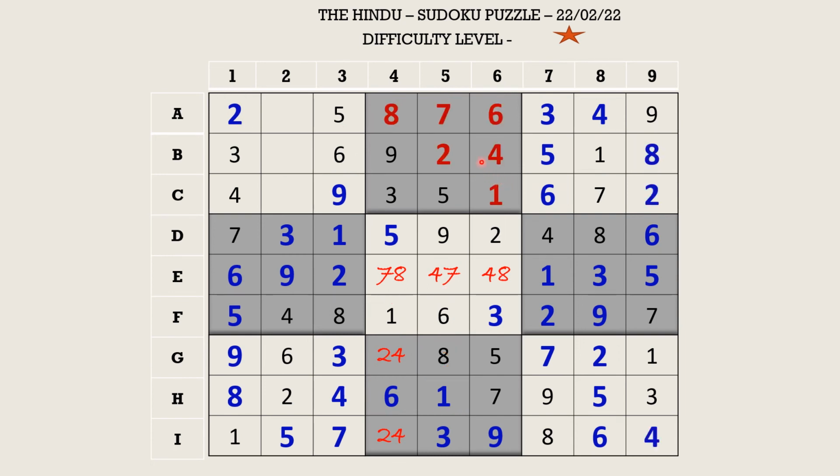So because of this 4, E6 takes 8, E4 takes 7, E5 takes 4, G4 takes 4, and I4 takes 2.